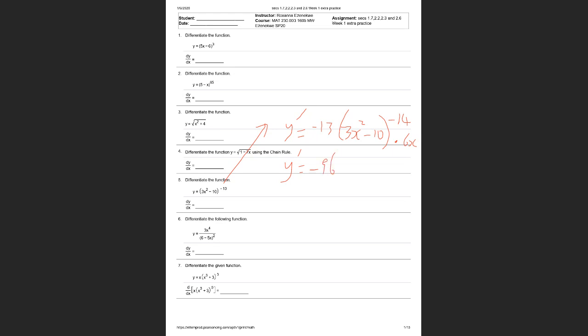Bring down this function, 3x squared minus 10, and then I can just put this x here. So negative 78x times 3x squared minus 10 to the power negative 14. So that is the derivative of the function. All right, so that is number 5.